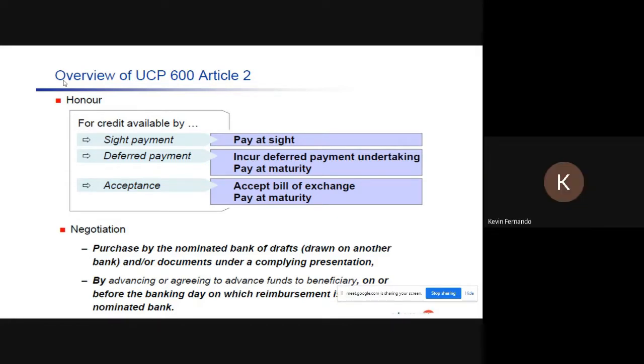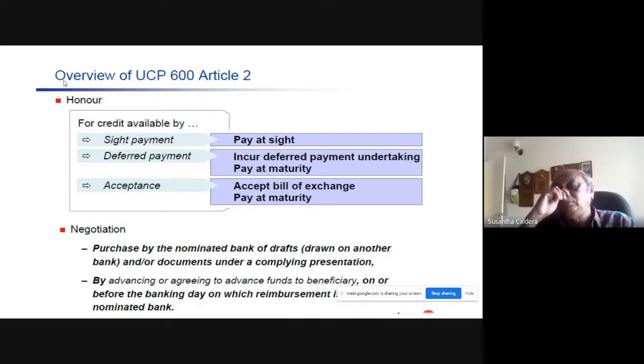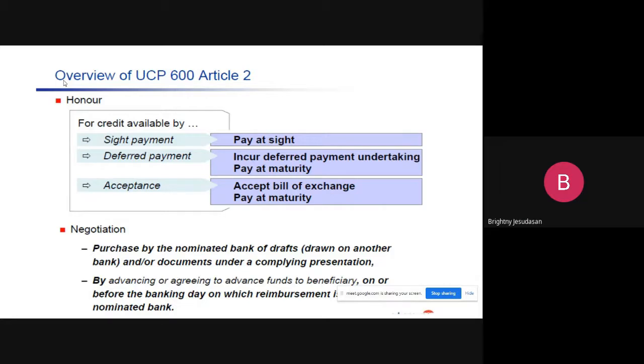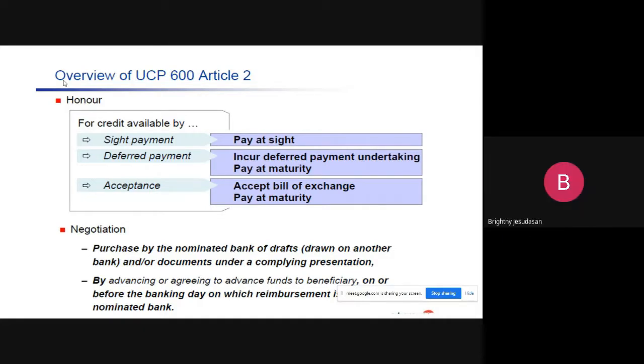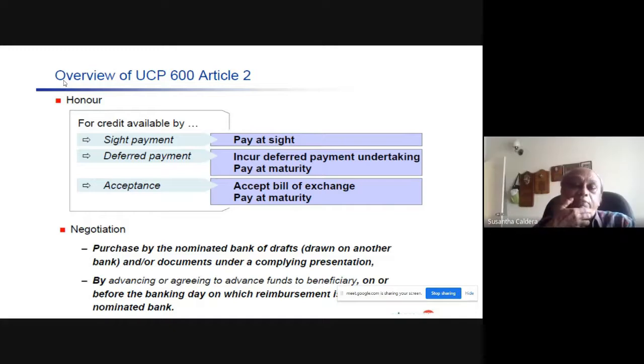The other one is also an undertaking to pay. What is the main difference? Deferred, the draft is not submitted. Acceptance? Draft is given. Deferred payment, we never give a draft.